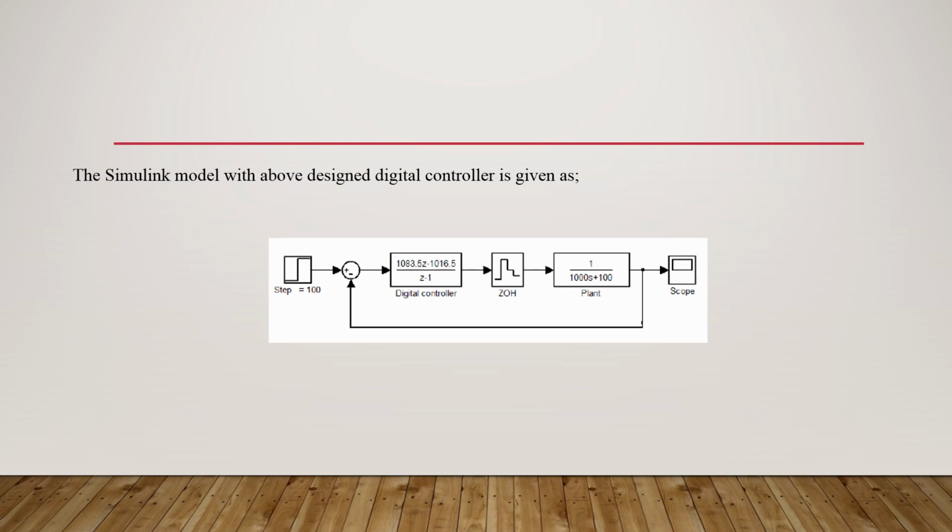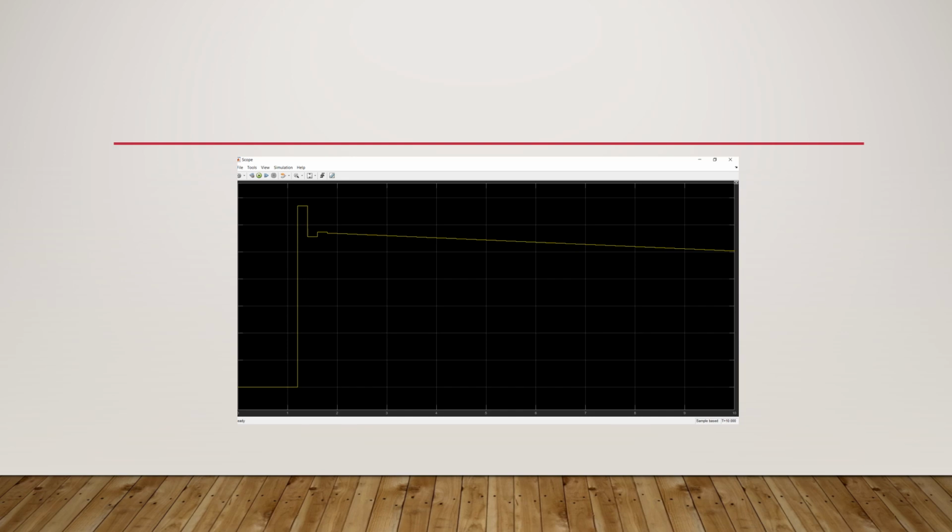At the very last, we take the scope block for output, and then we give the feedback to the summation. This is the output of the digital controller using the bilinear transformation method, and we discuss this digital controller response in a live session according to the timetable.